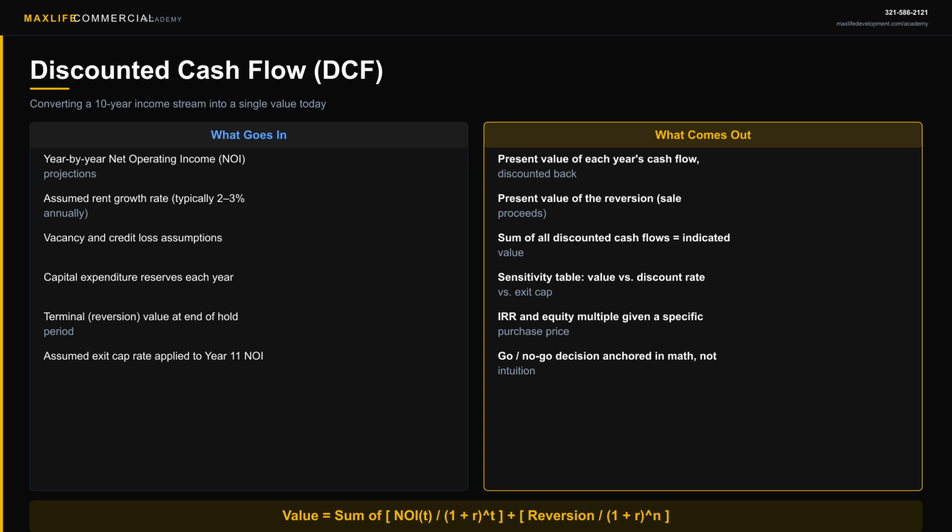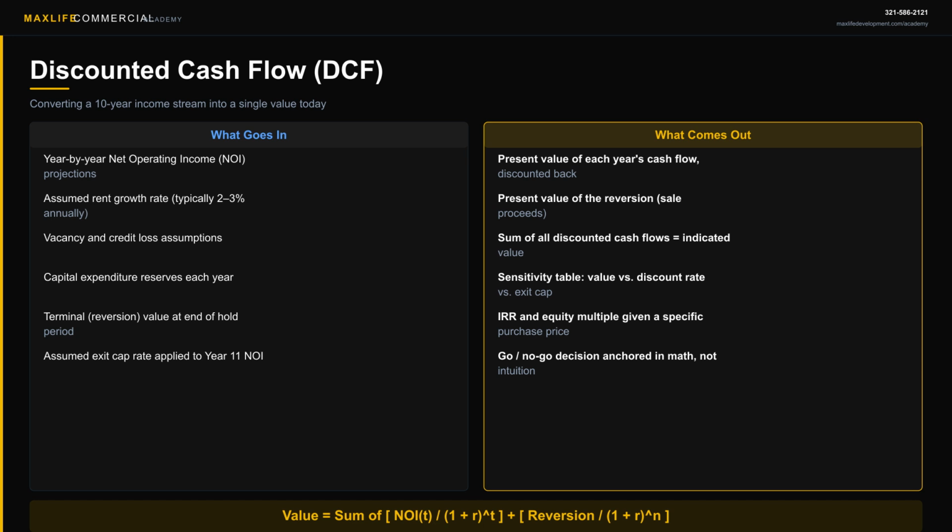The discounted cash flow model is the single most important valuation tool in commercial real estate, and it's nothing more than the time value of money applied across a full hold period. Here's how it works. On the input side, you build a year-by-year projection of the property's net operating income, typically over a 10-year hold.